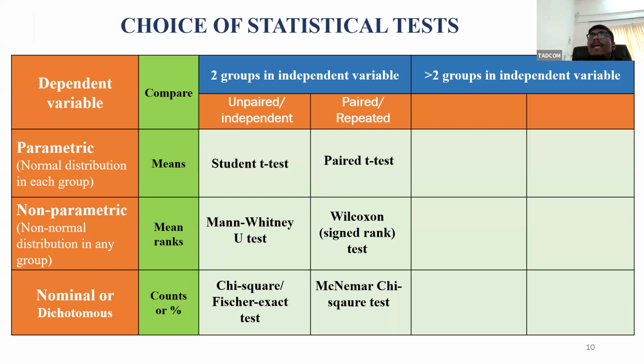Same example we can take. Say, for example, in a paired test, what will be our outcome measure? As I told, you are giving one antihypertensive drug and you are looking for change in the BP. Same population: before giving the drug, what is the BP you have measured?